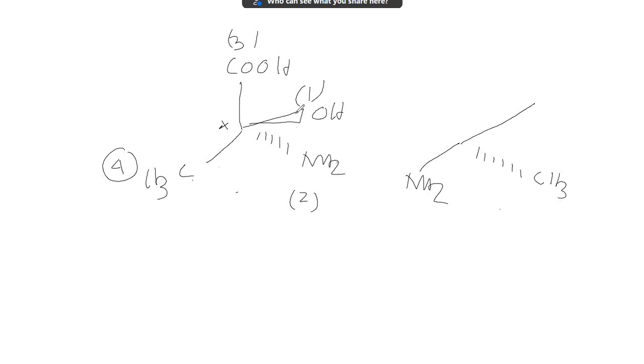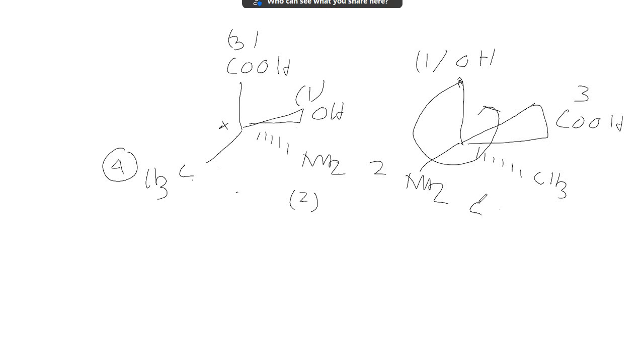Now again I make the same transformation over here. OH should be over here and COOH group should come over here. Now this is 1, this is 2, this is 3. So the absolute configuration of the compound based on the flying wedge form should be S.